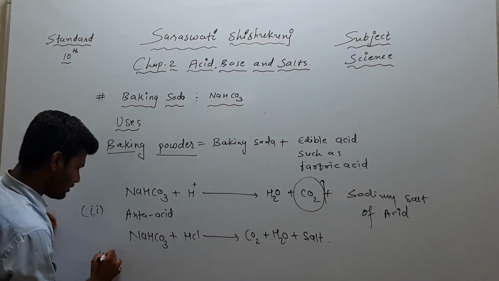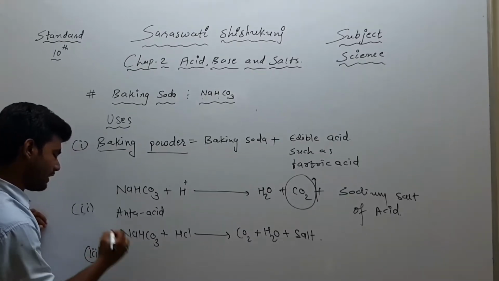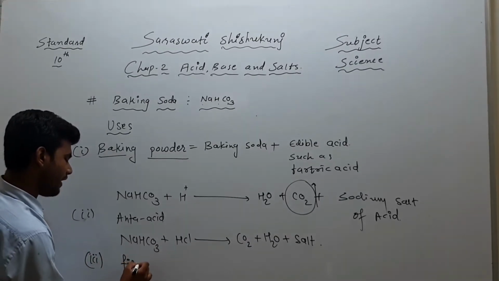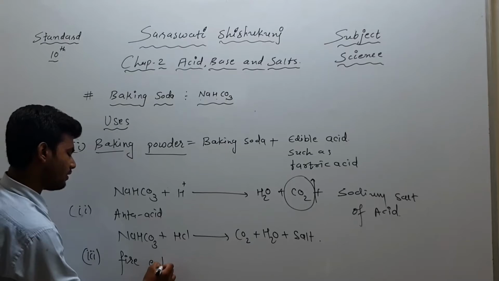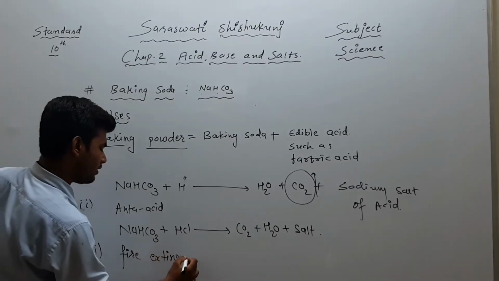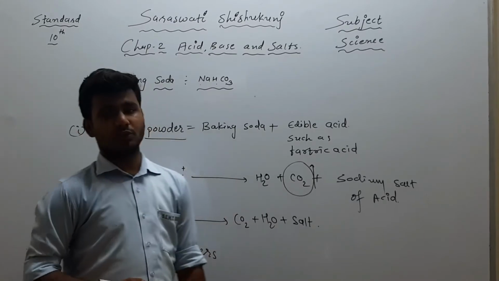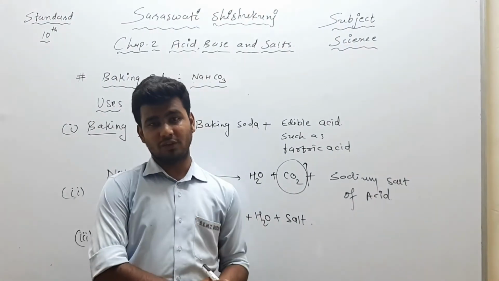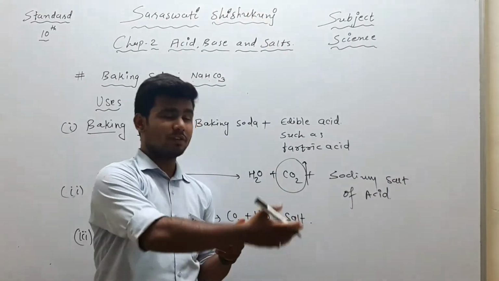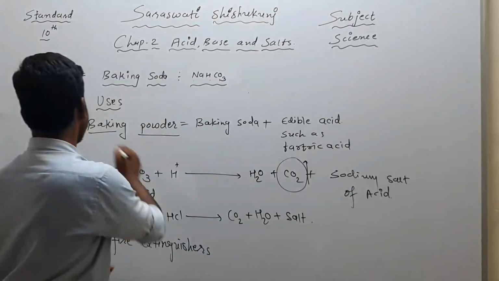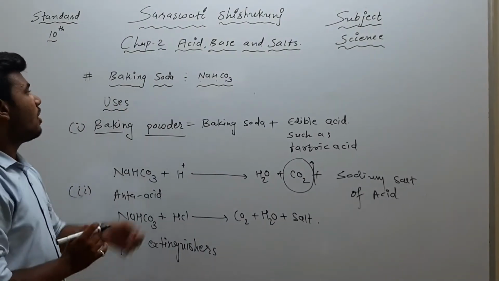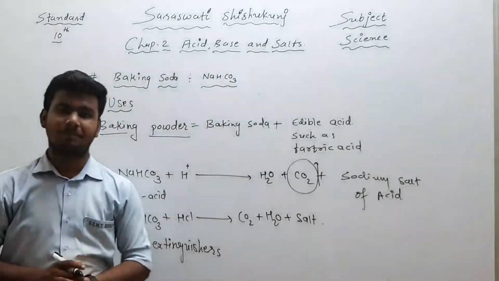As a third use of this baking soda, it is used in fire extinguishers to extinguish the fire which is caused. So these are the main uses of baking soda.